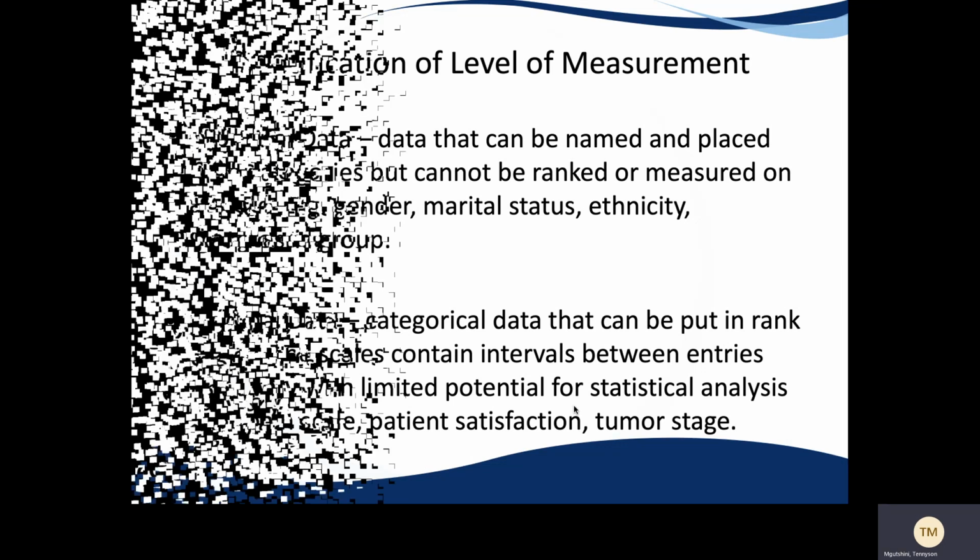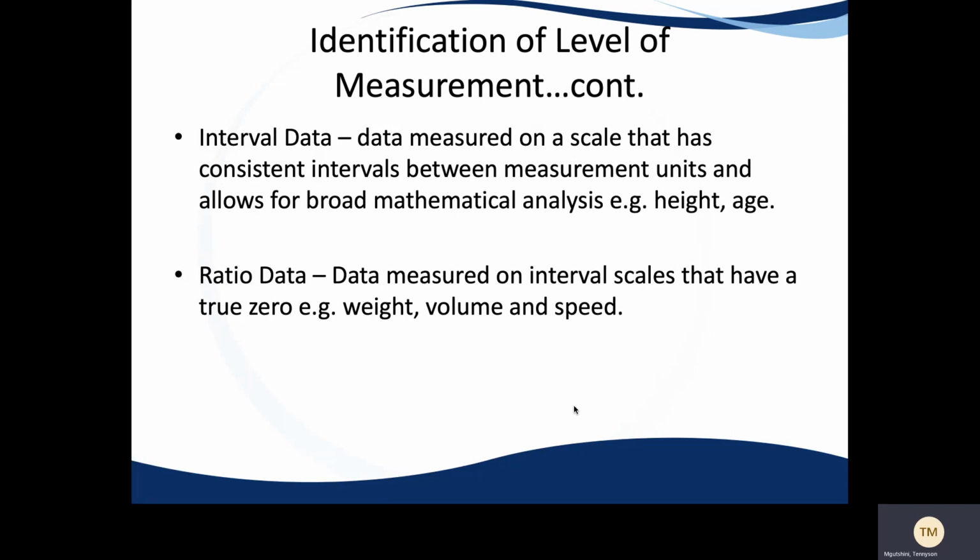Then the next level of data is interval data, where we are able to rank things, but the ranking actually has intervals that are measurable between the units. So if we ask people to provide their age or their height, we know that someone who's 12 years old compared to a person who's 15 may differ by 3 years.